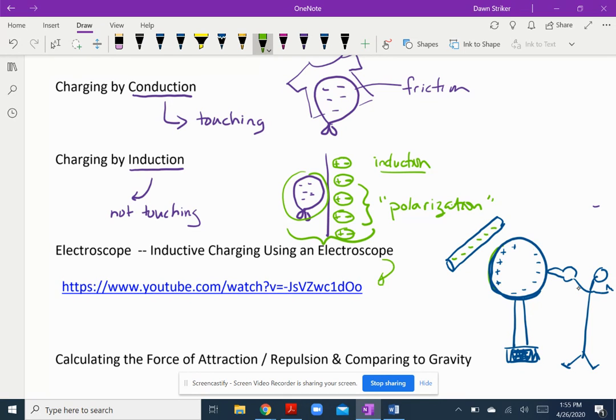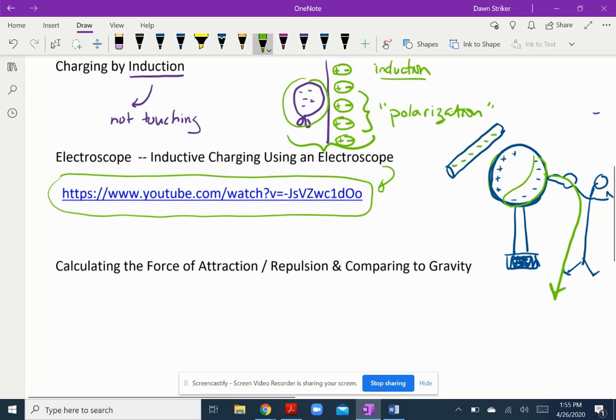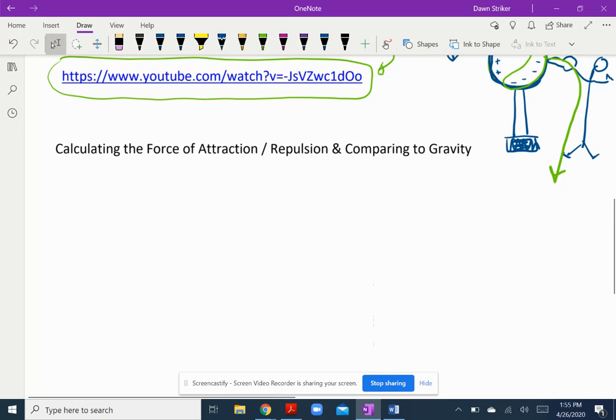Since I'm touching the ground, all of these little electrons have a chance to travel straight down to the ground. That's called grounding. And that will leave that conducting sphere with a net positive charge. This video will show you that in action. I will post a link for this video on Google Classroom so you can take a look at it.